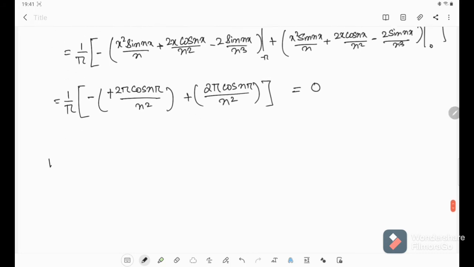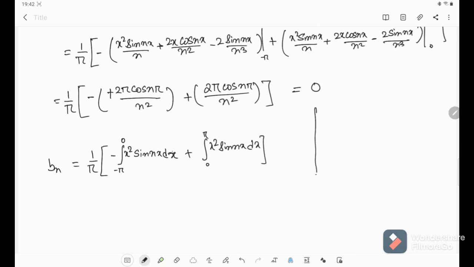Now let's find bn, which is equal to 1 by pi, minus x square, the limit would be minus pi to 0, x square sine of nx dx plus 0 to pi x square sine nx dx.